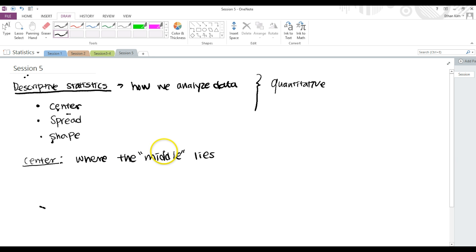Where is the middle? And middle means two different things, so I just put this in quotation marks. As we discussed before, we learned something about the median, and this literally means the middle number.